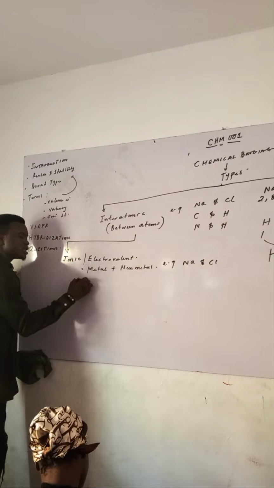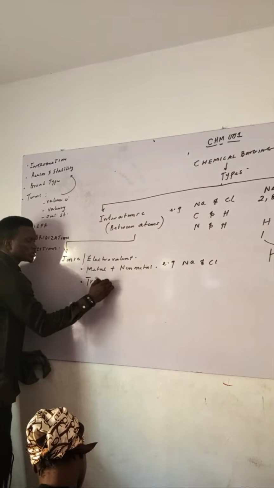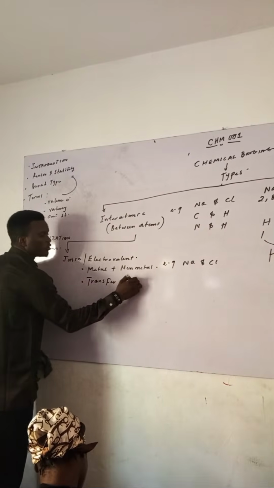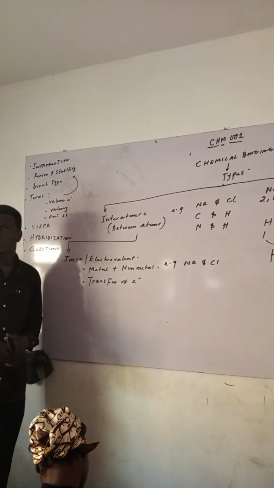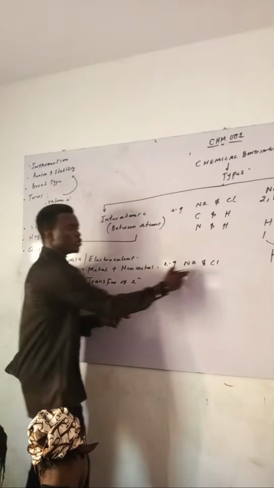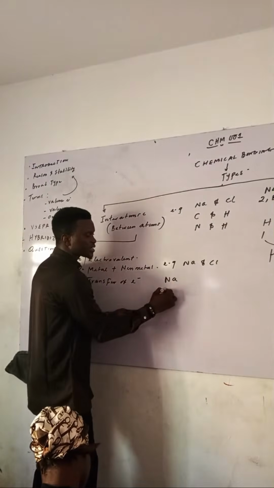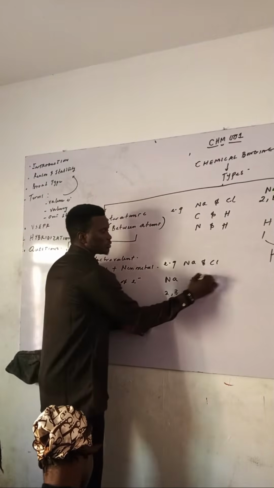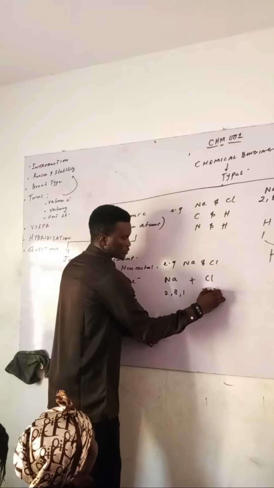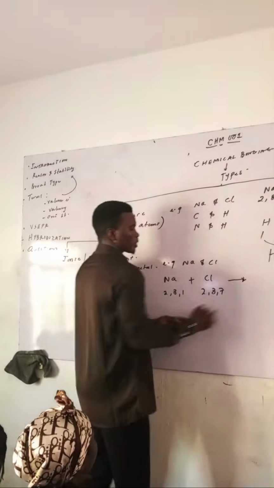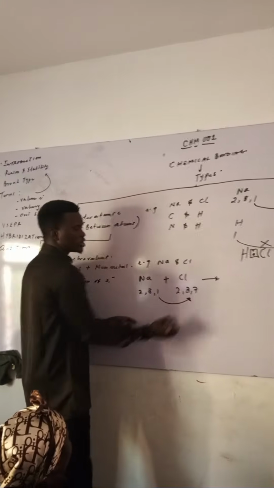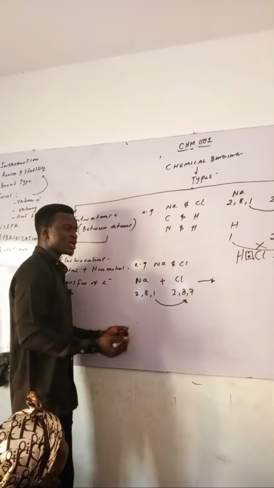Whenever you see that it involves transfer of electron, that is ionic. How do we know? Sodium will eventually transfer its electron, right? It will transfer its electron to chlorine. We can't be drawing the shell. This is not WAEC.